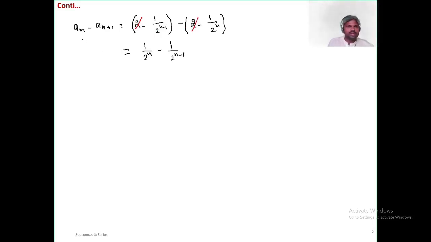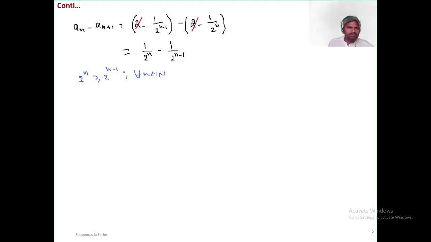Okay, this is an minus an plus 1. Is it more than or equal to 0 or less than or equal to 0? Before that, 2 power n is always more than or equal to 2 power n minus 1, right? For any natural number, if I substitute n is 1, what will you get? 2 power 1 is 2, and here 2 power 0 is 1. So 2 is more than or equal to 1, correct? Substitute n is 2.